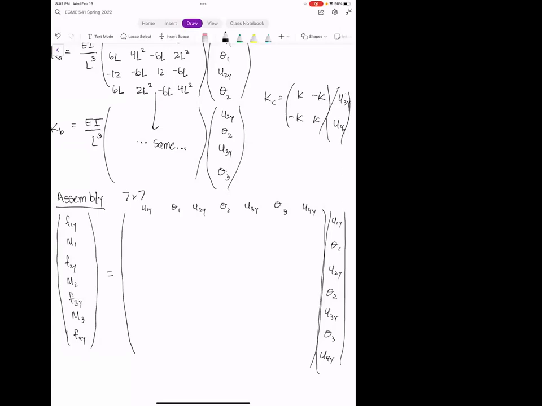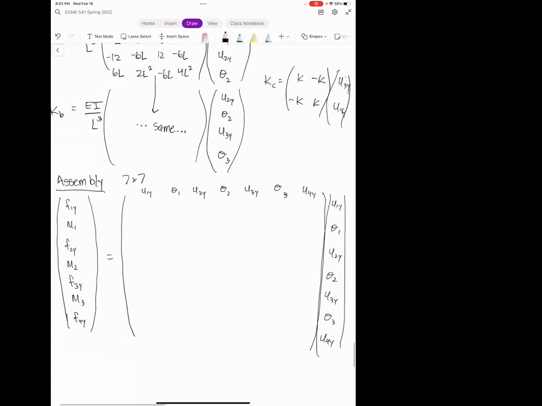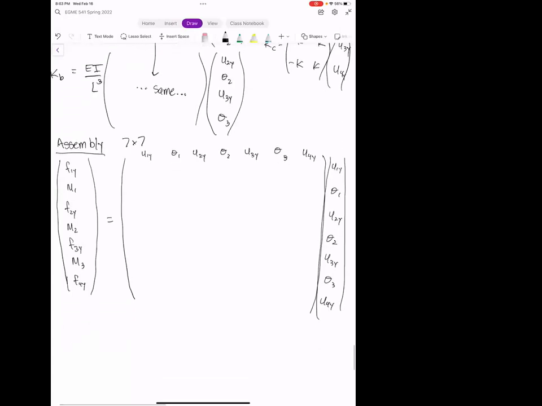Okay, so let's go ahead and do everything that we've done before. First we have element A, and element A is nodes 1 and 2. So element A is going to be this block right here. I'm just going to use black for the rest of the lecture because I think that's easiest to see with the glare.